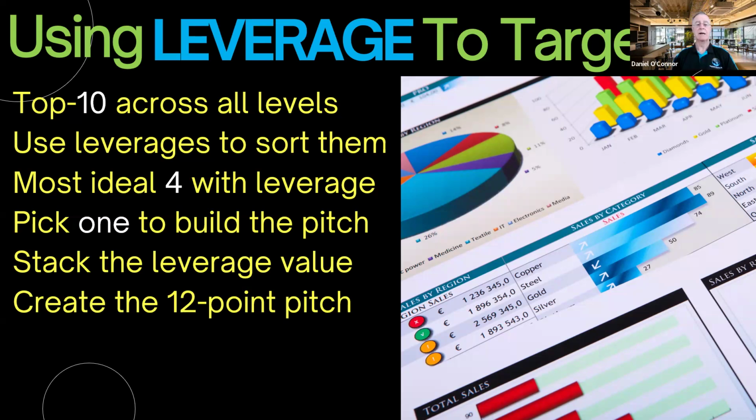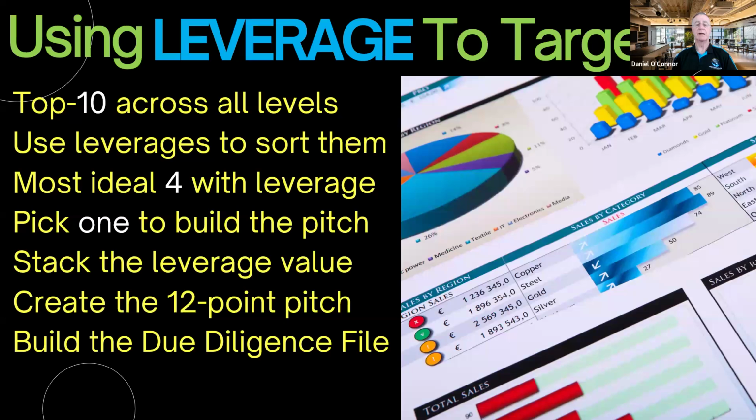So once we've created the 12-point pitch, before we go out to anybody, we build our due diligence file. Part of our commercial modeling is to build a due diligence file, and we give you a full due diligence checklist. And we do this manually.